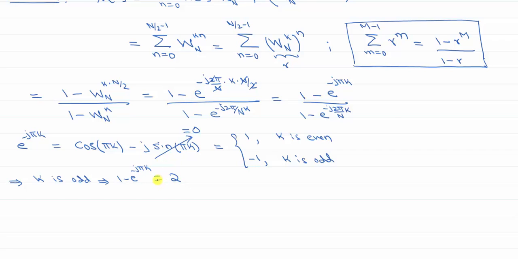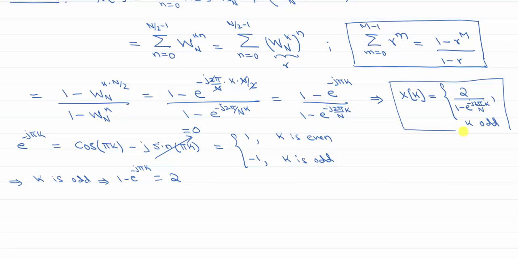So my X[k] is simply equal to 2 divided by 1 minus e to the minus j 2 pi over N k for k odd. Okay, that is the first case that I have.